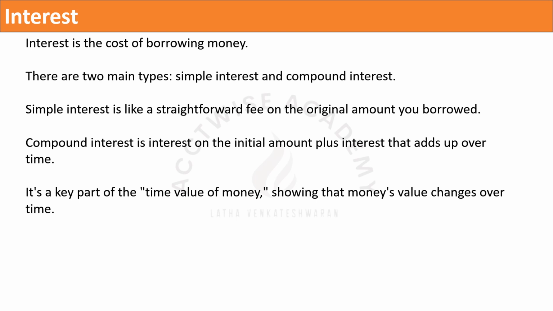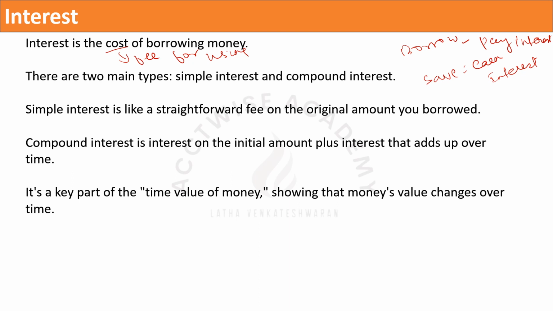Interest is the cost of borrowing money, or it can also be called a fee for using money. When you borrow money, you pay interest. Similarly, when you save money in a bank, you earn interest.